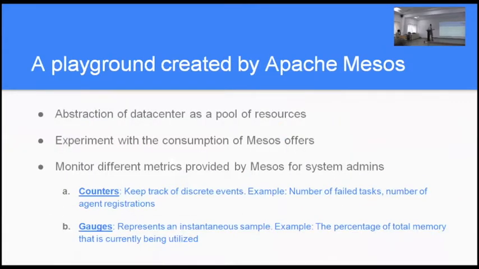Now, what else does Apache Mesos give you for research? It gives you different kinds of counters. It'll tell you how many tasks you launched that failed, for some reason the node didn't start up, the node failed, maybe the task itself failed, maybe the task got killed. It will also tell you what you are using. So if you launch tasks and you say that you wanted 4 gigs of memory, it will tell you how much you're actually using.